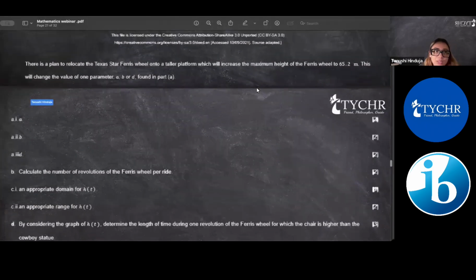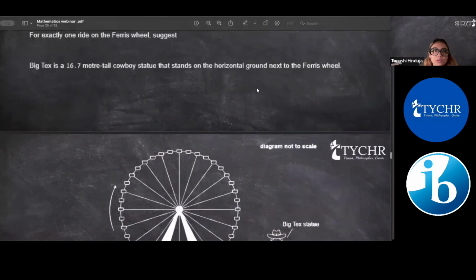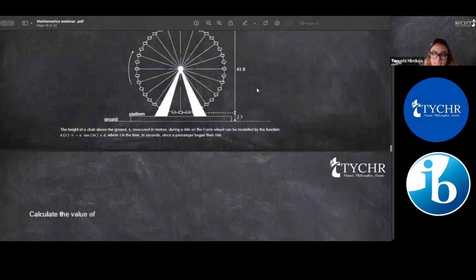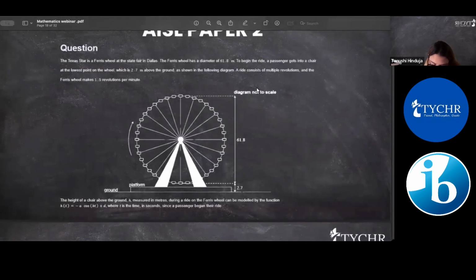So let's go back up and do that. A, B, and D. Those are these values. So this is all the information we need for that. So A is, of course, the amplitude. So amplitude, if you use the formula, is maximum minus minimum over 2.